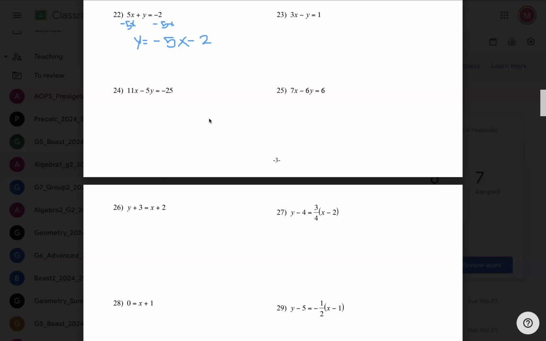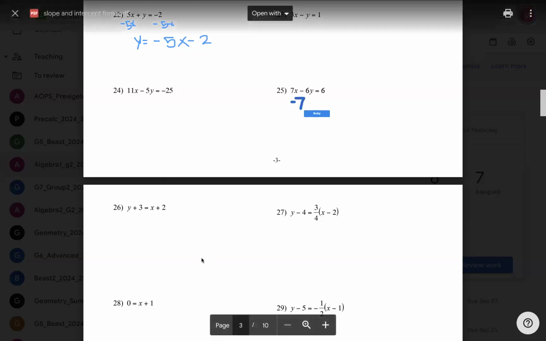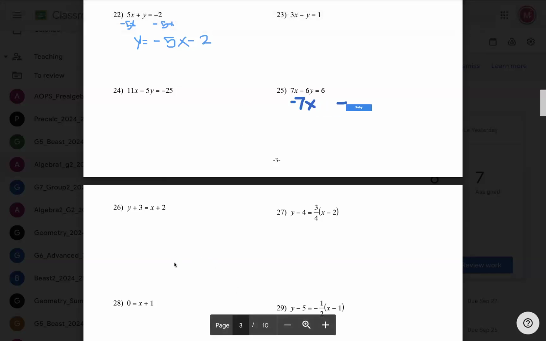Good job. Can I ask 25 to be done on the board by someone else? Okay. So, how I did this was to write this in slope-intercept form. I subtracted 7x on both sides, and then I got negative 6y equals minus 7x plus something.